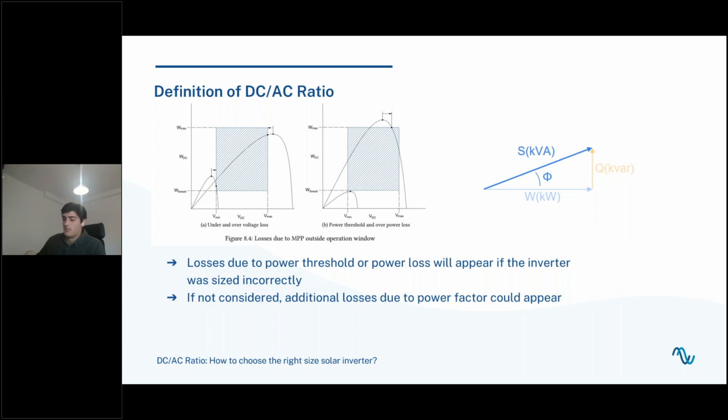The inverter will be able to convert that power into active AC power, but can also provide reactive power. We must consider that the amount of active and reactive power does not exceed the maximum apparent power that the inverter may have. And if we don't consider that, we may also incur some losses due to the power factor that we have defined.